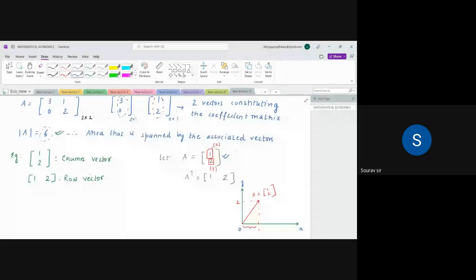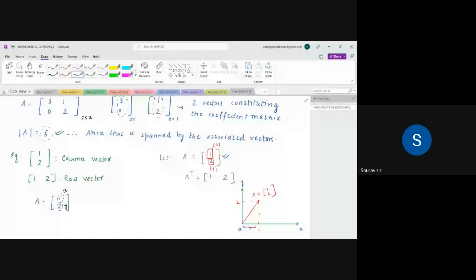So if you want to plot this vector, it tells us you go one unit along the x-axis, and after that you go 2 units along the y-axis. So this is your vector that we are talking about. This is essentially the idea of vectors, how much you need to travel along the axis.